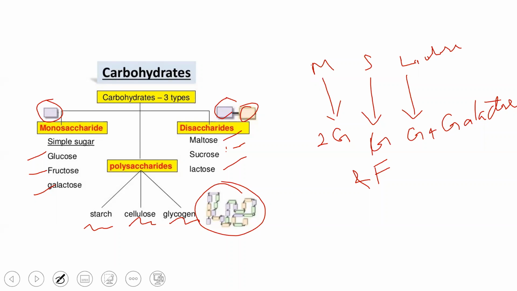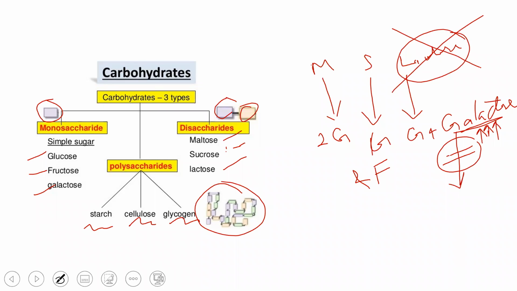How is this important? If you have the deficiency in breakdown of the galactose, that's when you have the galactosemia. In case of galactosemia, the galactose level is going to be very high. In this case, you take off the whole lactose-free milk because lactase enzyme is working very well. You don't have any issue.